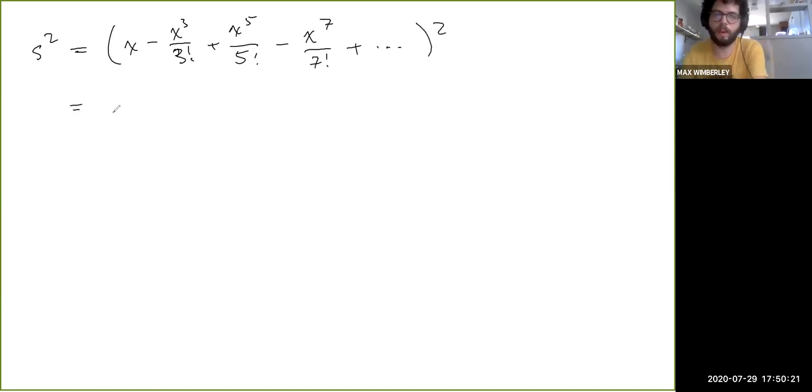So here's how I think about doing this, and I really think this is a good thing to get used to being able to do. To calculate s squared, we just go term by term, degree by degree, and we collect together all of the possible ways of getting that degree in the product up here, right?